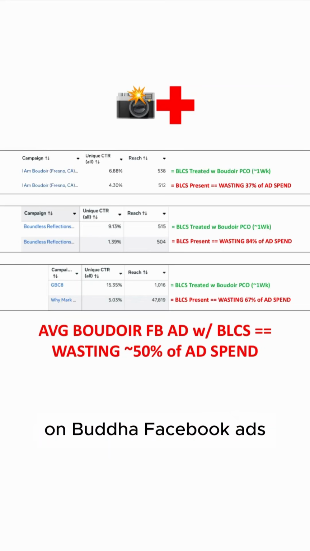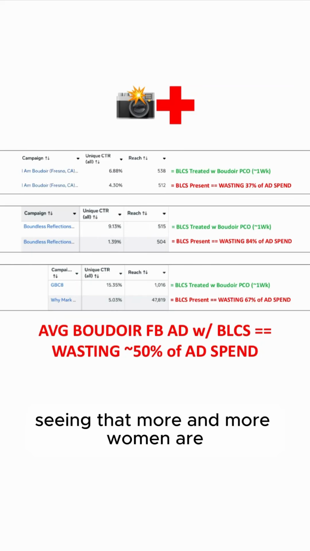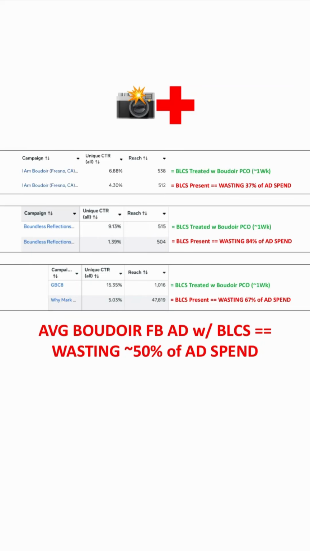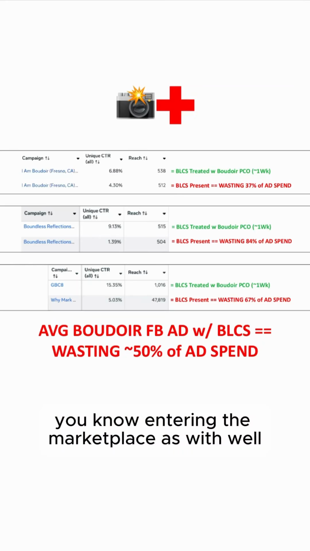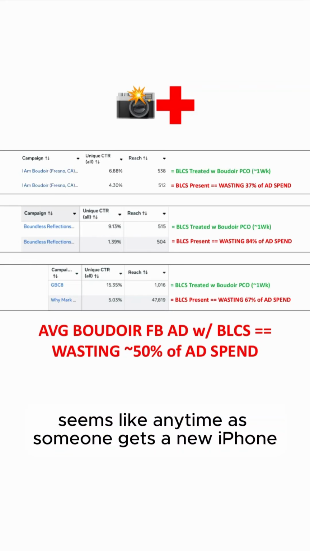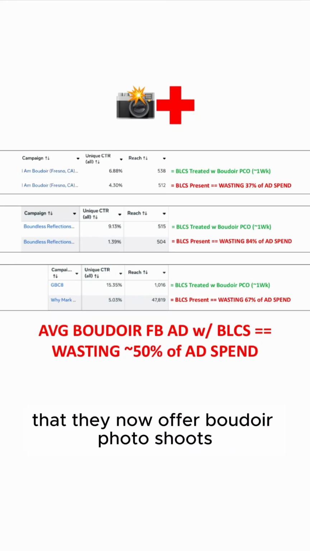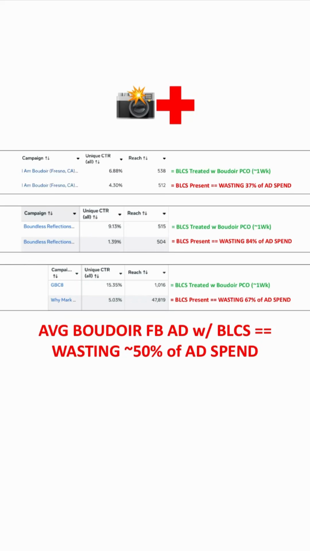a month on boudoir Facebook ads and you're looking at the marketplace seeing that more and more women are entering the marketplace as boudoir photographers every day. Seems like anytime someone gets a new iPhone, they're throwing up a Google My Business profile that they now offer boudoir photo shoots.